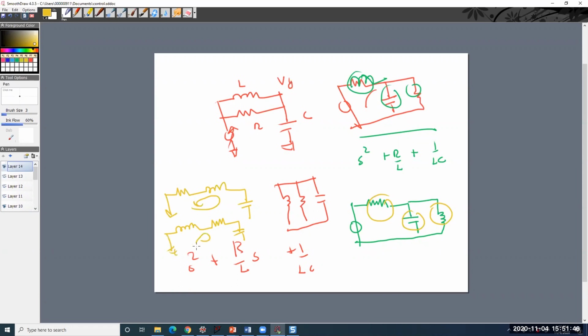Tie it to ground, all the current is the same. Now, in fact, the denominator of V out will remain the same because it doesn't matter the order. The voltage division would be ZC divided by the sum of these impedances. Doesn't matter if these are out of order.